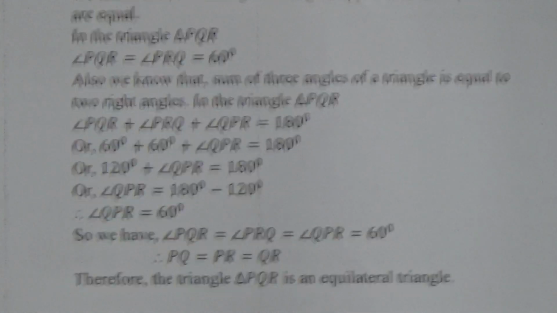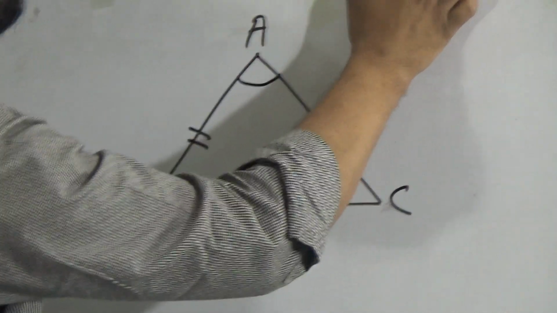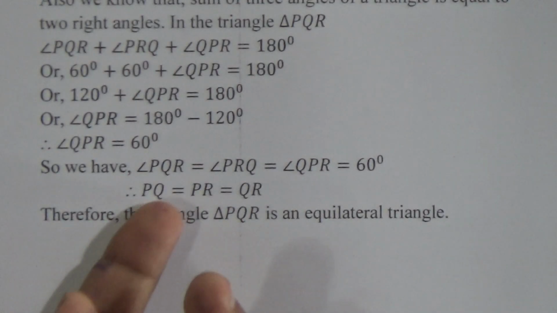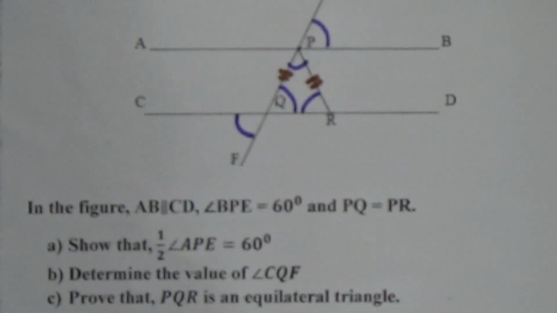So if the three angles are equal, then the three opposite sides will also be equal. That is why you can write the side PQ equal to PR equal to QR. Therefore we have proved these three sides are equal, so this triangle PQR is an equilateral triangle.